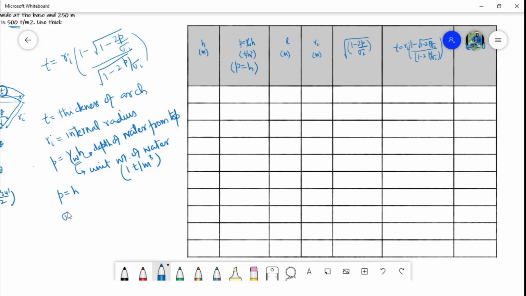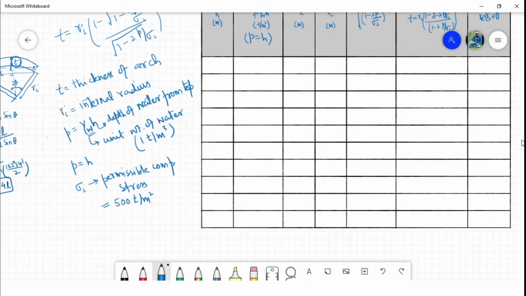And sigma I is the permissible compressive stress, because this is the internal stress, and this will be equal to 500 tons per meter square.